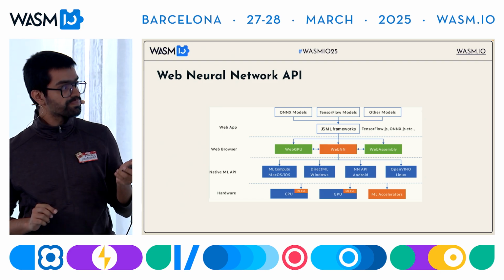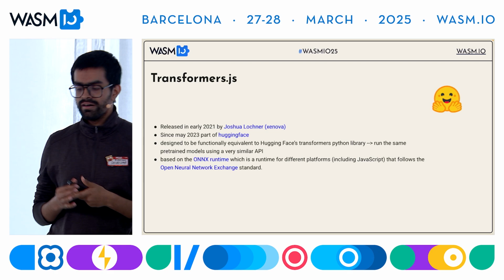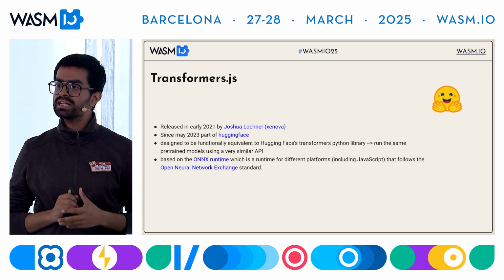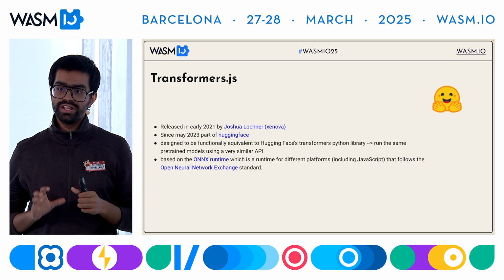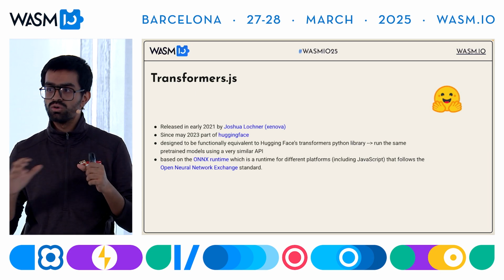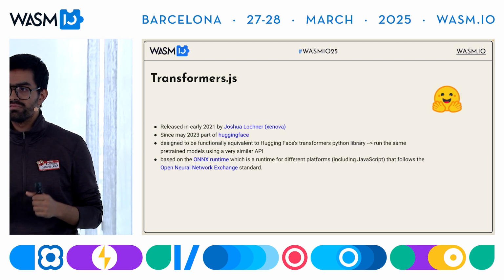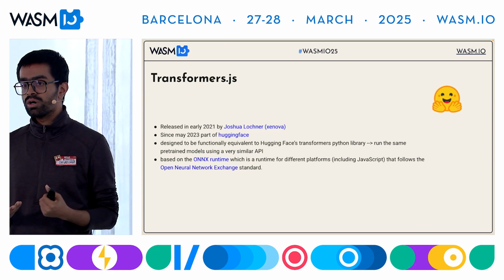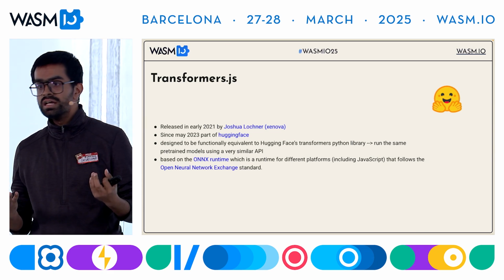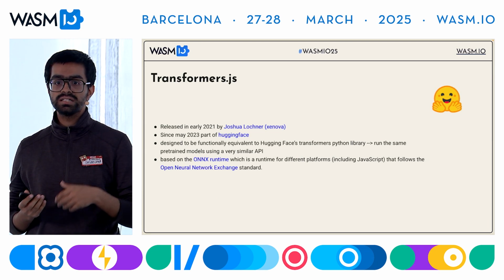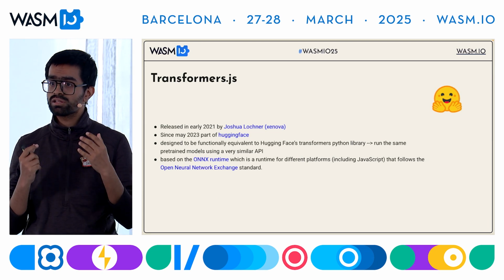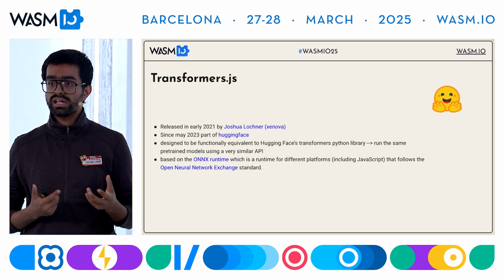Now, of course, we spoke about TensorFlow.js. I didn't want to have a dedicated slide on that because it is kind of in maintenance mode now. There is no active development going on when it comes to TensorFlow.js. I mean, there are still a lot of AI models that you can run. It's still supported. A lot of companies like Adobe, and a lot of startups are also using TensorFlow.js in production.